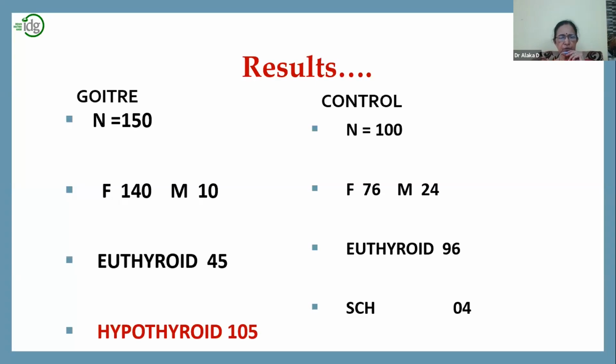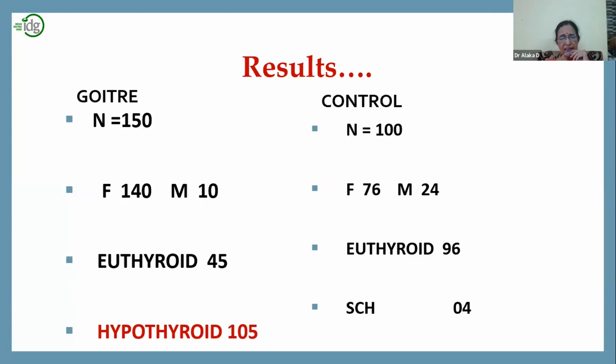All of them were subjected to T3, T4, TSH because they had come with a goiter. Similarly, the control group was also subjected to T3, T4, TSH because they come for various reasons. So here 45 were euthyroid while 105 were hypothyroid. So out of 150, 105 patients with goiter were hypothyroid.